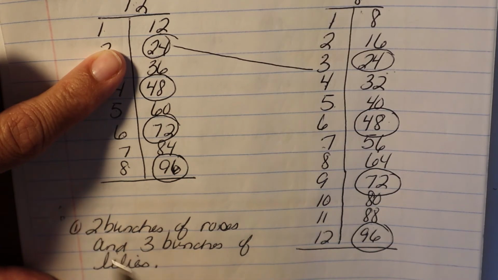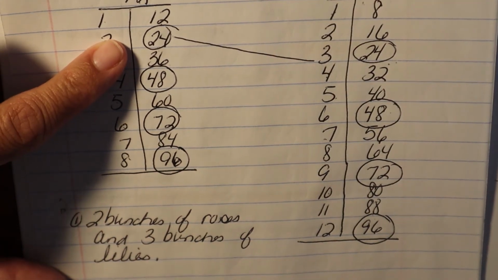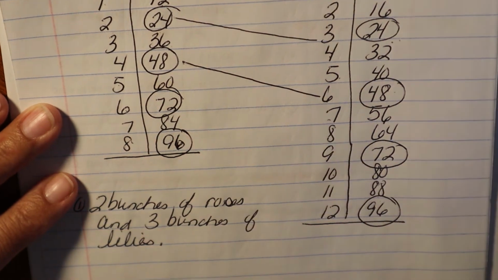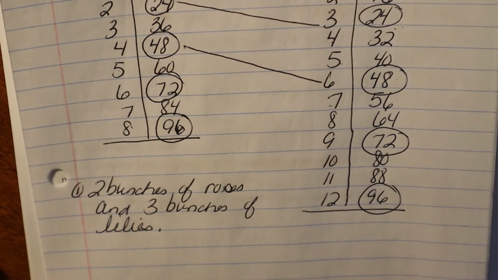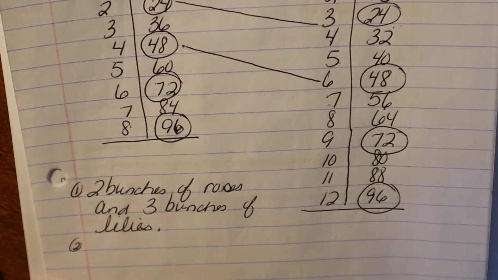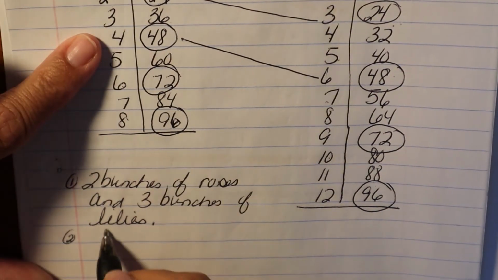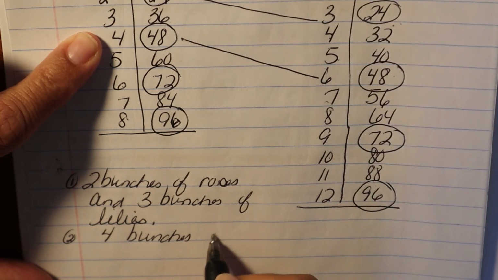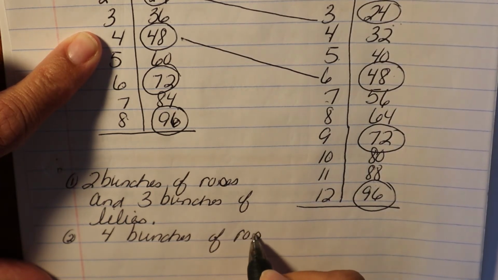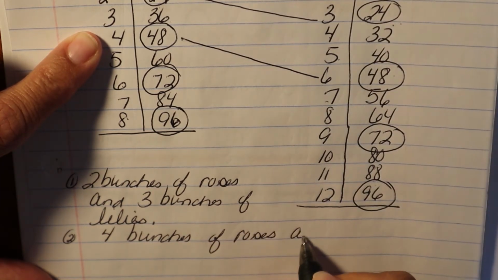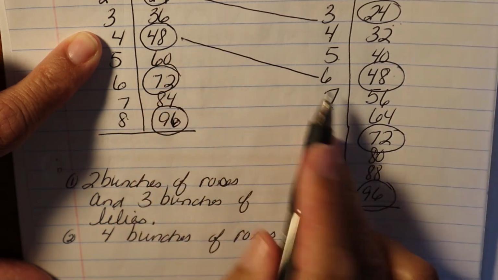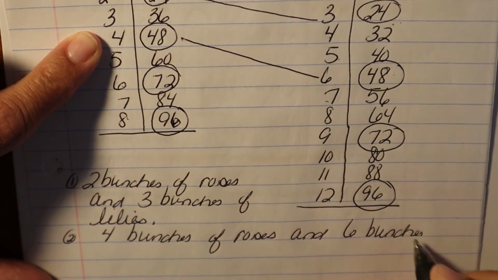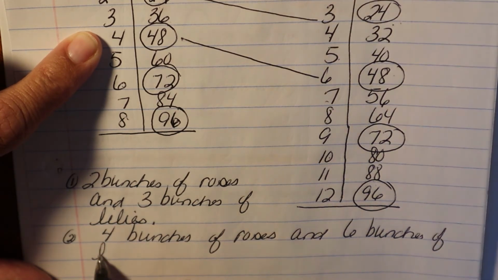So here's one combination that the florist can do. And I have another combination because I have a common multiple of 48. So my second possible combination is 4 bunches of roses and, drawing the line, 6 bunches of lilies.